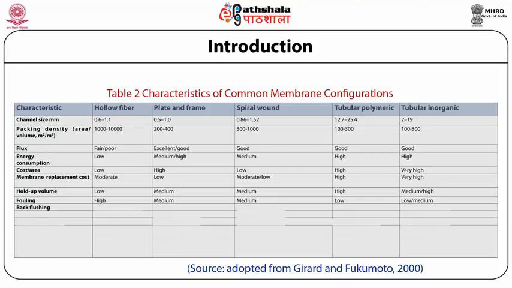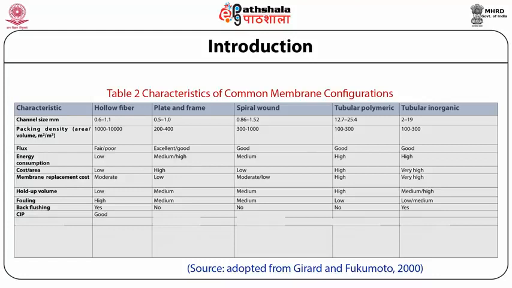This facility is only available in the hollow fiber membrane module. Plate and frame and spiral wound do not have this, and tubular polymeric also does not, but the tubular inorganic membrane is equipped with this facility. CIP, that is clean in place, is good for hollow fiber.